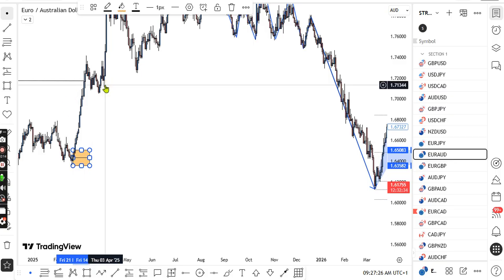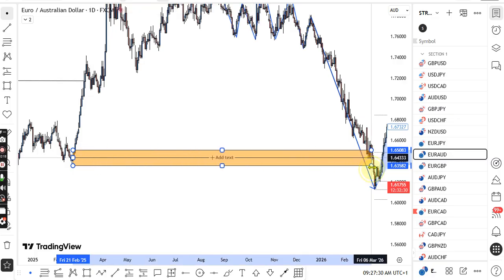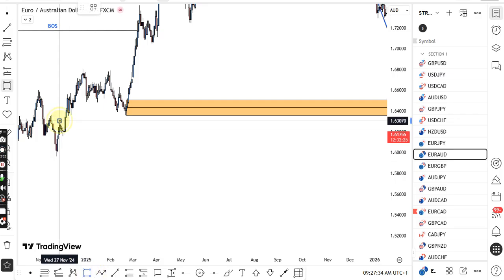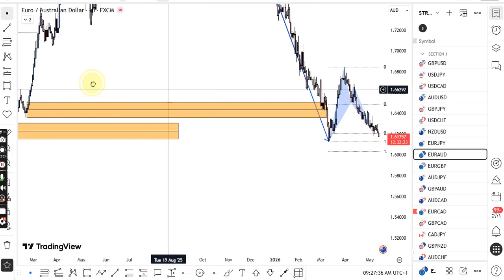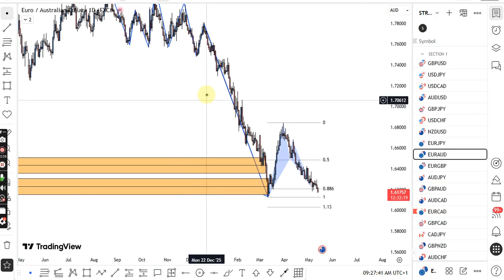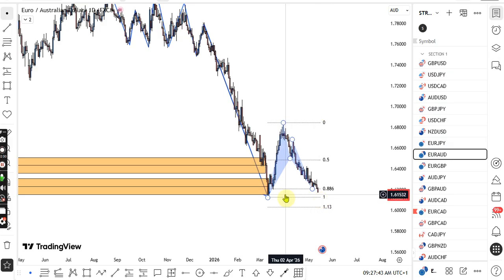So I told them that that particular structure is not clean. Even if price took out that one, and reacted from this particular key level, reacted from here.